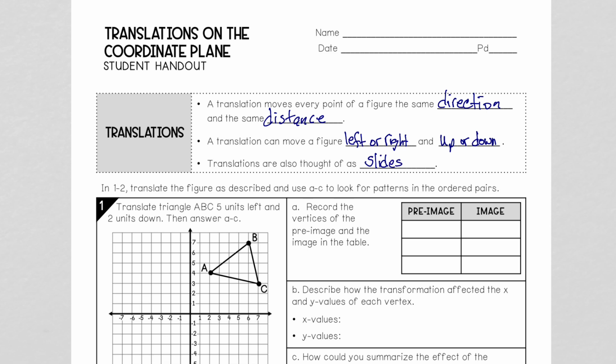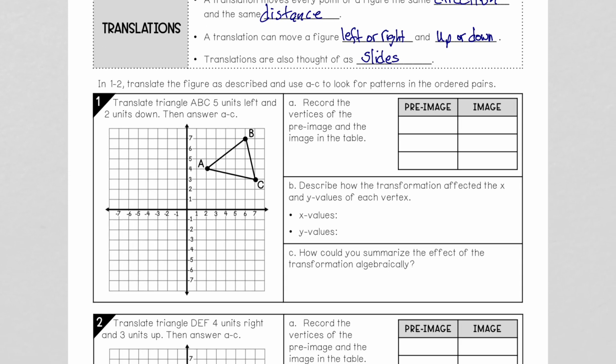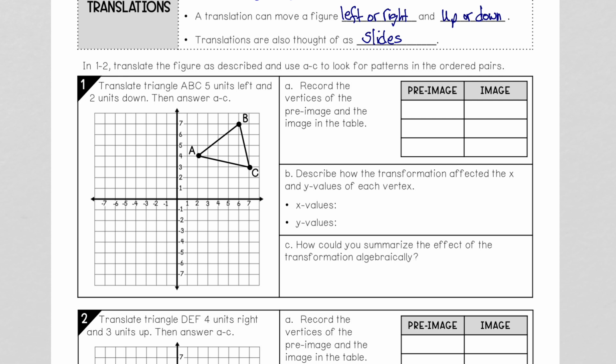Slides was one of the words that was used as a kind of signal word for this type of transformation. Now, the next part tells us to translate the figure as described and use A through C to look for patterns in the ordered pairs. So let's look at what we're supposed to do.